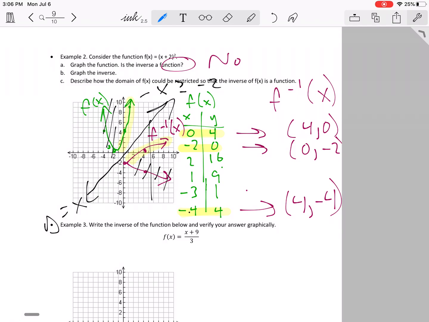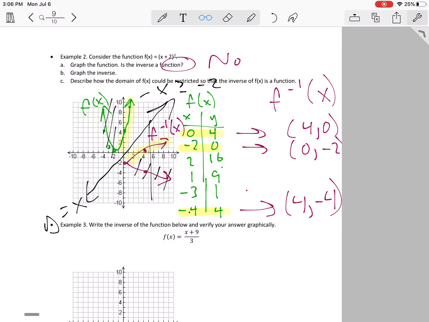The opposite is also true. If you take the original and just say x is less than or equal to -2, then you keep the left part, and then the bottom part of the inverse would be a function. Okay, so that's what they mean by that type of question.